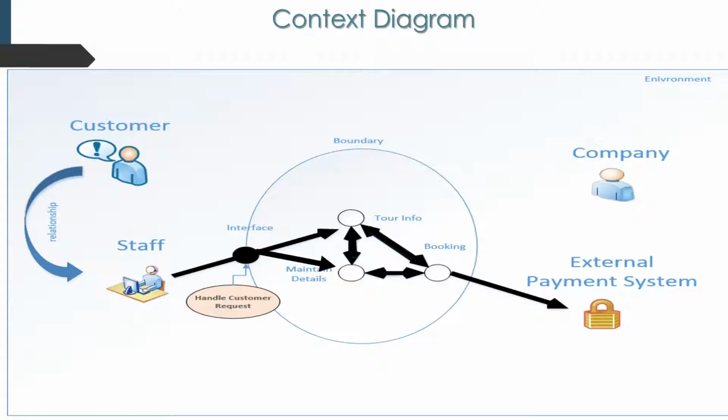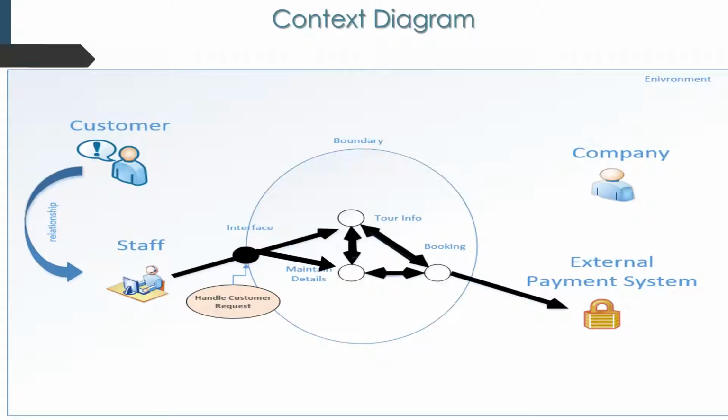As previously stated, the customer doesn't directly interact with the system, but acts through the members of staff. Company is an entity to consider within the environment, but does not use the system. Components within the system are labelled Maintain Details, Tour Info, and Booking. Maintain Details refers to view, add, edit, or delete any types of data within the system.